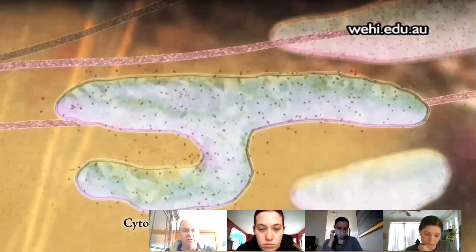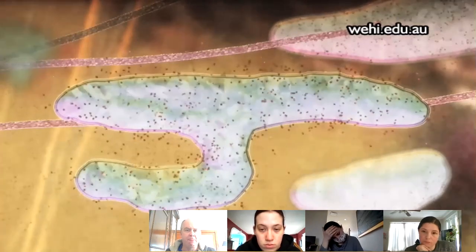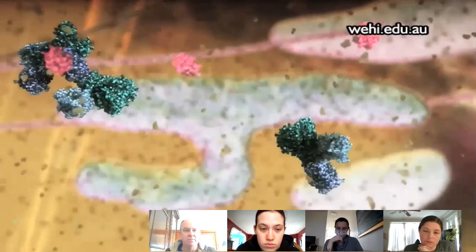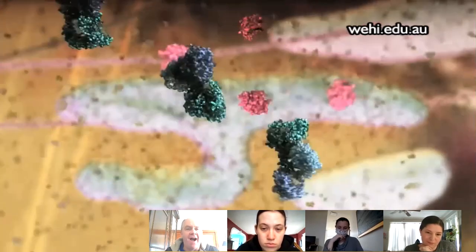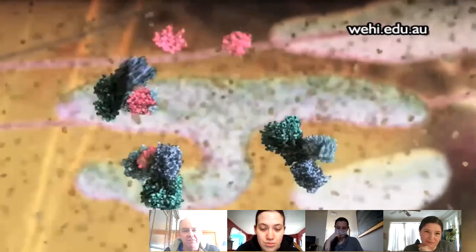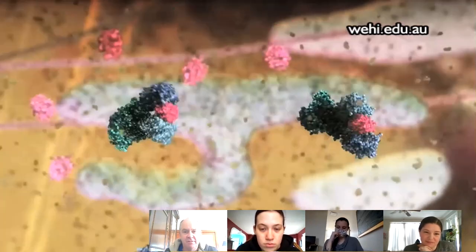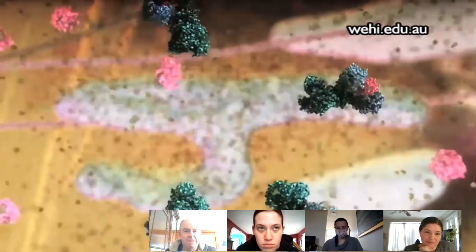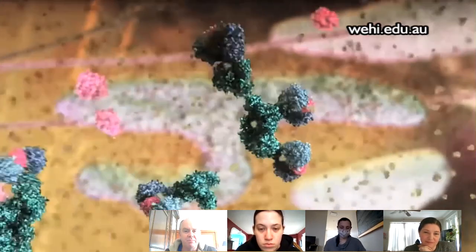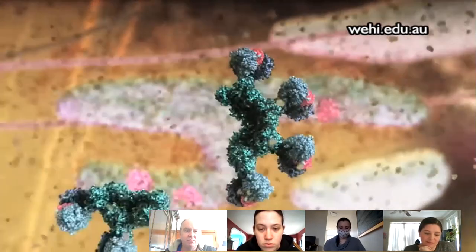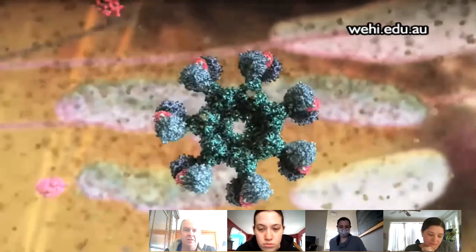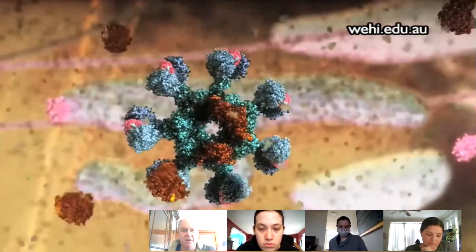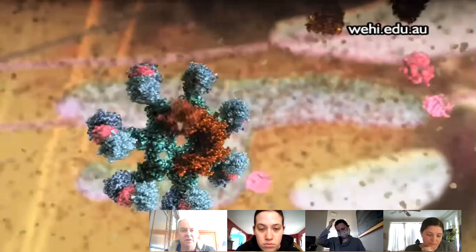Mitochondrion, which is now releasing its cytochrome C. It's the wheel of death. It's just a beautiful structure. Comes caspase 9, procaspase 9.